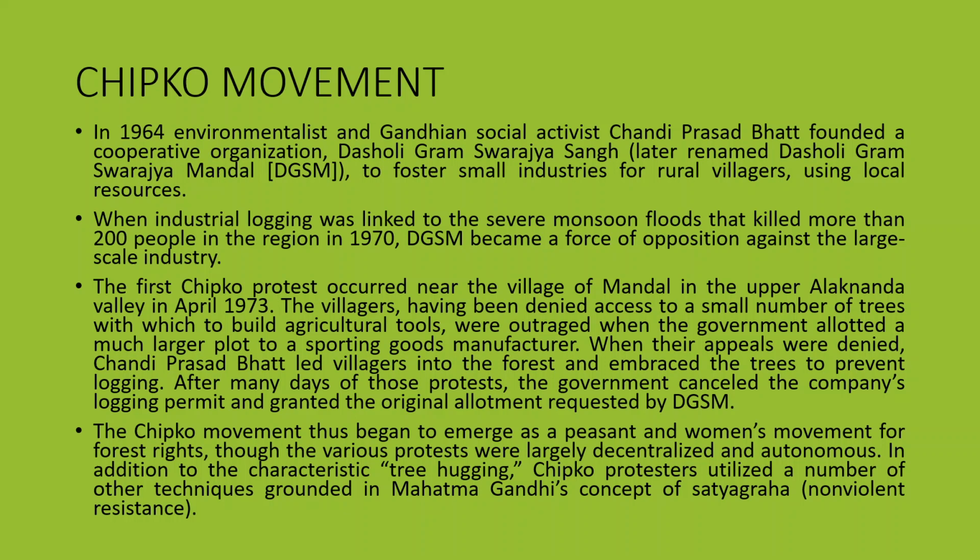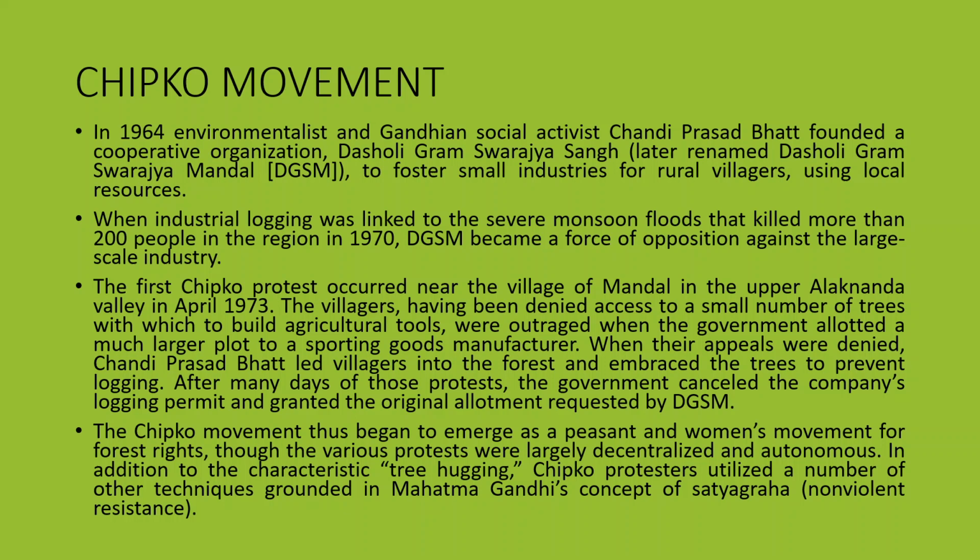When industrial logging was linked to the severe monsoon floods that killed more than 200 people in the region in 1970, DGSM became a force of opposition against large-scale industry. The first Chipko protest occurred near the village of Mandal in the upper Alaknanda valley in April 1973. I've told you the first Chipko movement took place in April 1973.